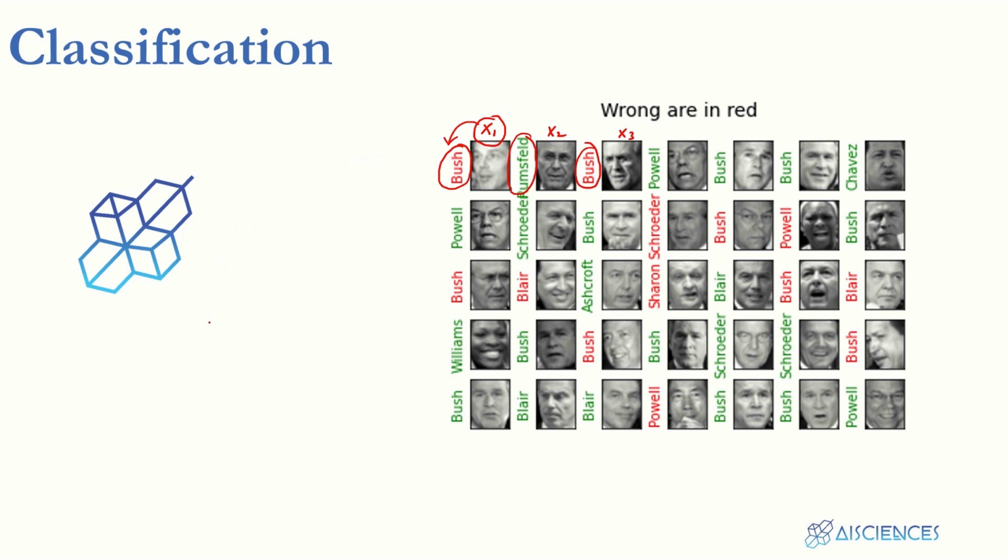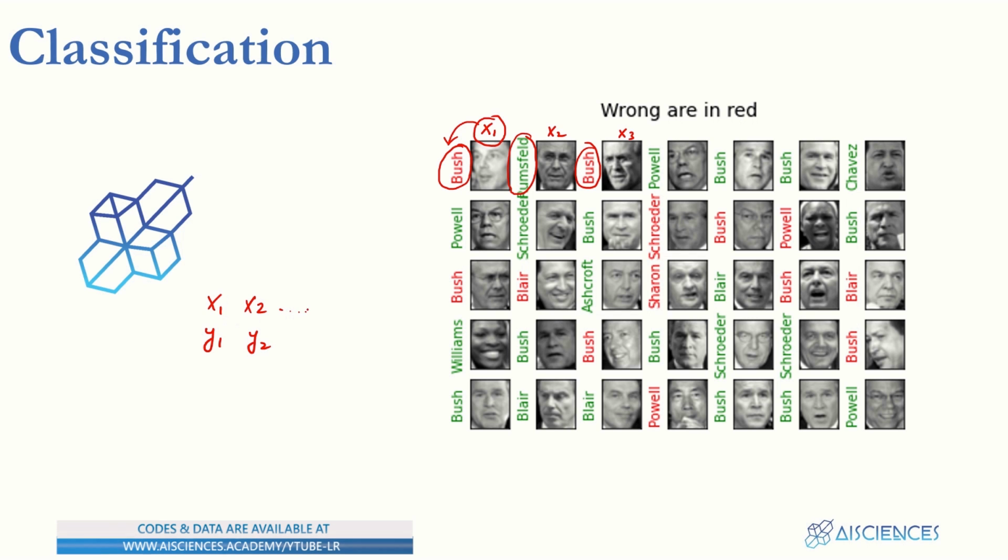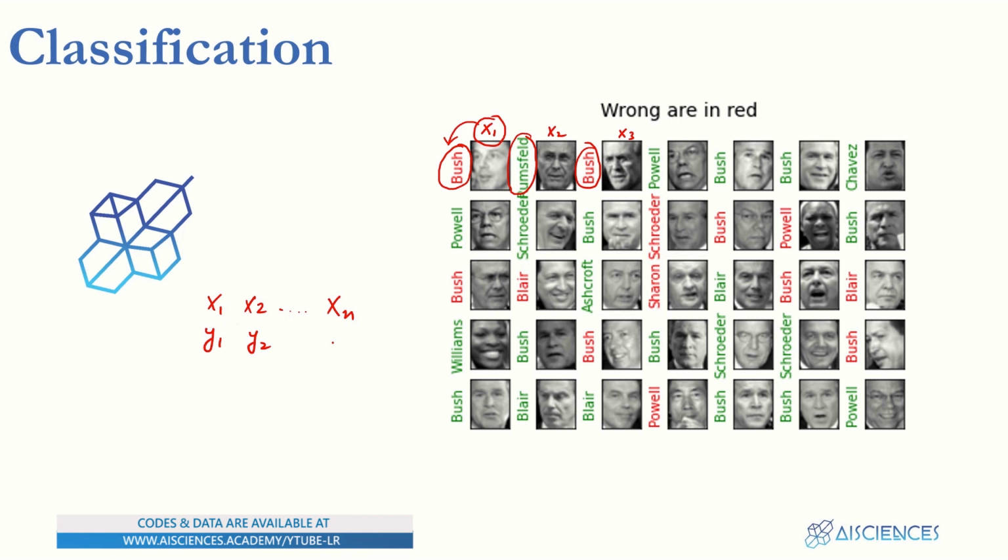So what happens is, to start, we have a lot of these objects available along with their true labels. So x1, x2, the label is y2, and we can have several of these objects available along with their labels. And our goal is to use this particular data, which is sometimes known as training data.